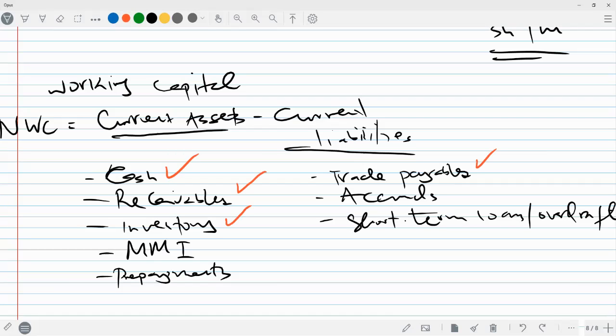So we're going to further split this topic into four subtopics: cash management, inventory management, receivables management, and trade payable management. We shall be discussing in detail the management of each of those components.